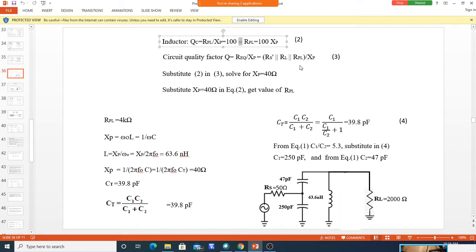Now RS dash we know is 2K, RL is given, and RPL we put in terms of XP as 100 times XP. Q is given, Q equal to 20. Circuit quality factor needed is 20. So solve this equation.